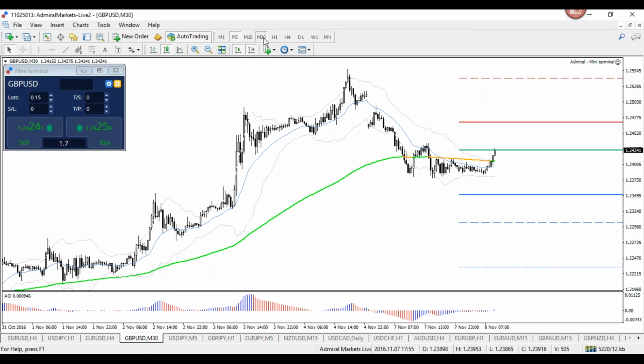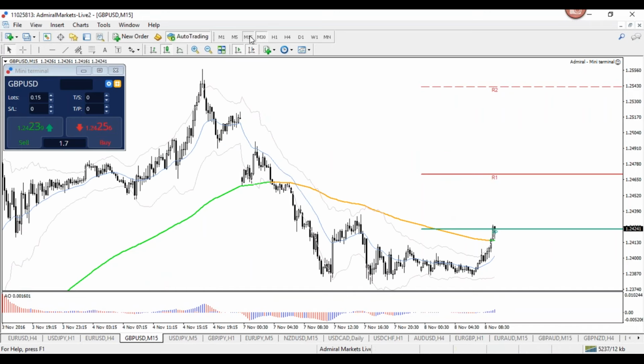Alternatively, I'm going to wait to see how price responds to this pivot point. We're going to have London open in 1 minute. So let's see how the pivot points shape out in that case.